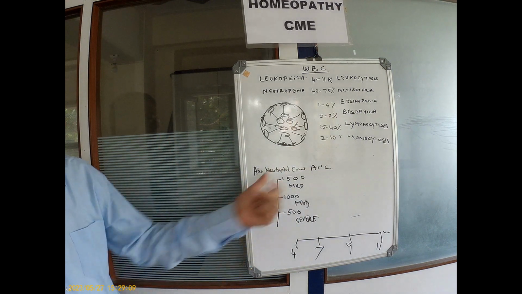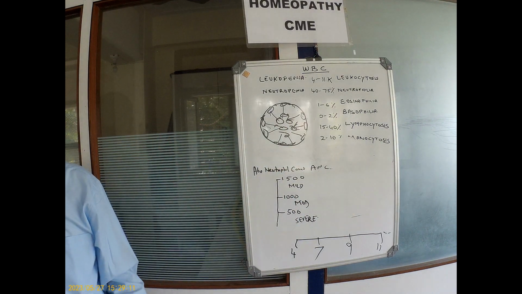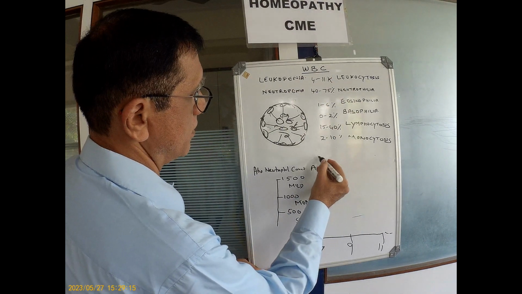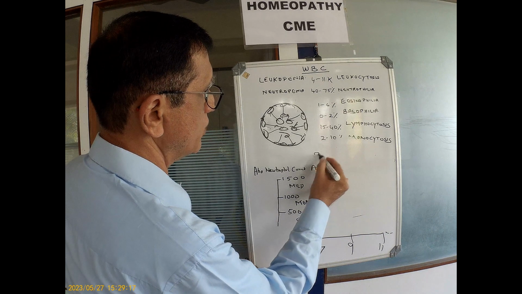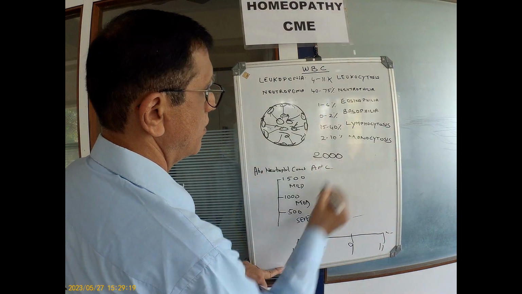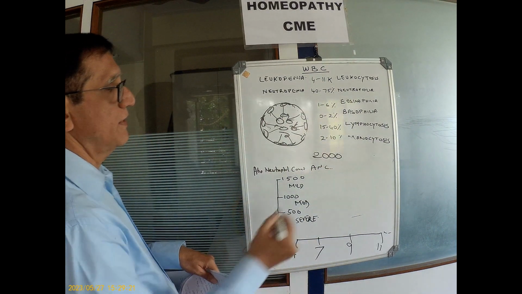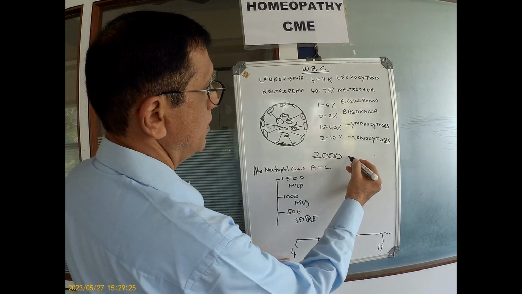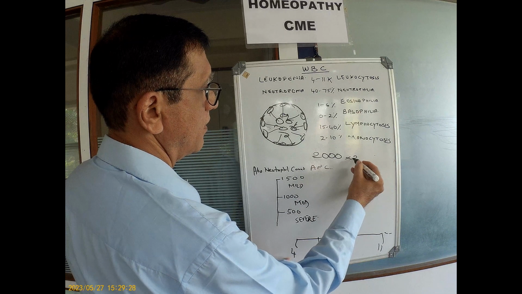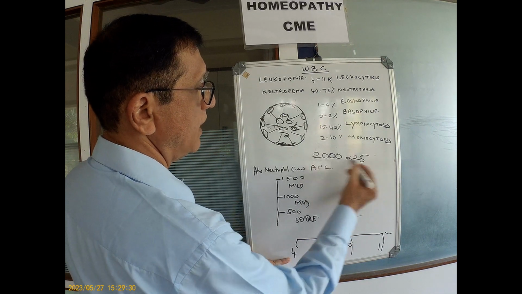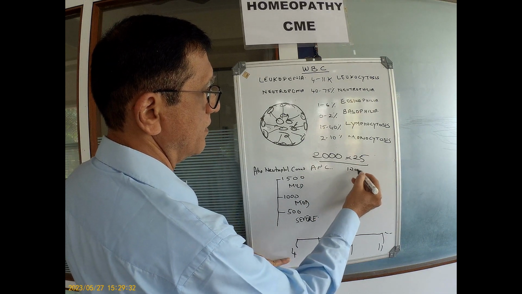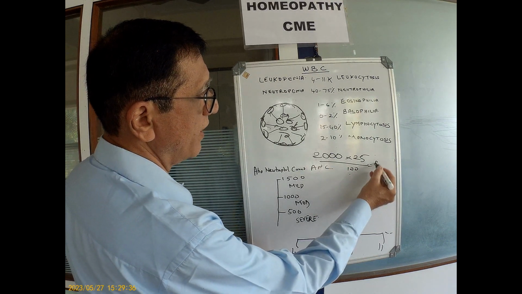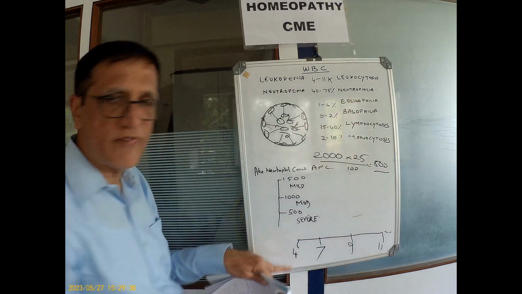So how do you calculate the absolute neutrophil count? Even if it is not given, say the leukocyte count is 2,000 and the neutrophil count is 25%. Multiply by 25, divide by 100, because it's 25%. One fourth of that will give you 500. So the absolute neutrophil count is 500.